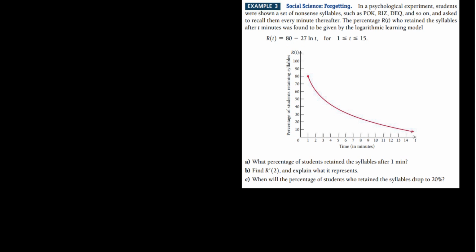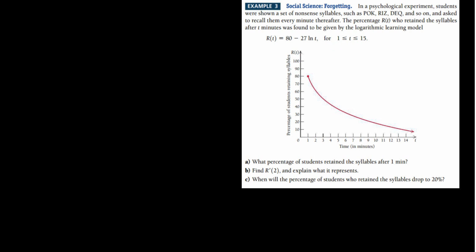Number two, notice how we say that for t between 1 and 15. All those times that we have discussed, in your previous courses, where you've talked about the domain, well, this is why domain matters.